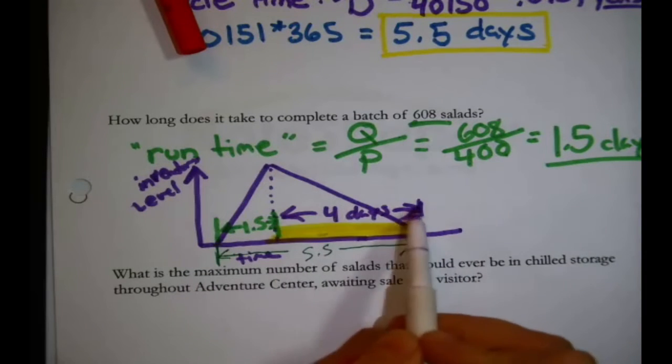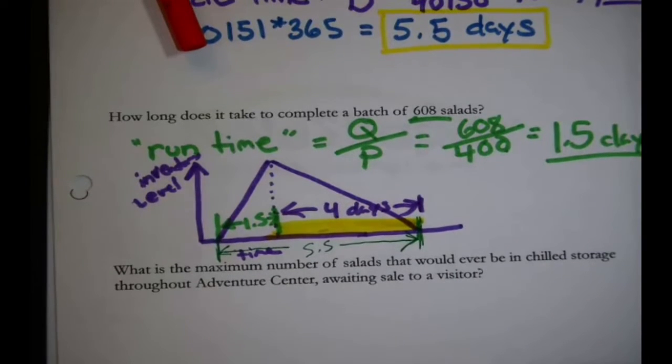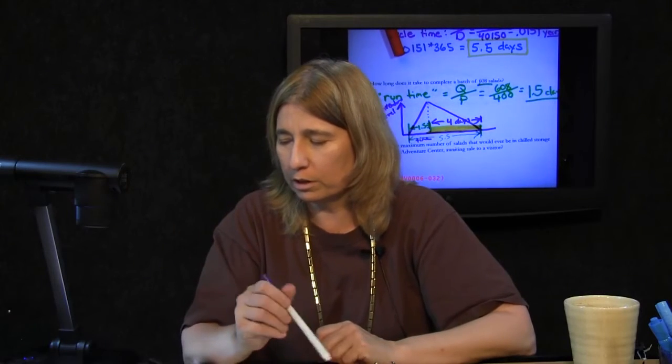It must be 4 days from here to here for the whole thing to add up to 5.5 days. That's telling us, if they are being attentive to their inventory management, that the oldest salad that we might potentially purchase ourselves as customers could be up to 4 days old.